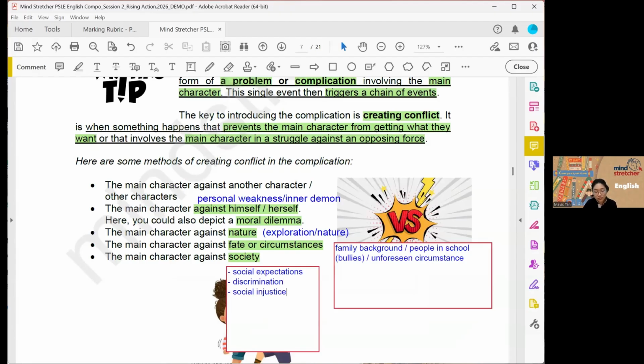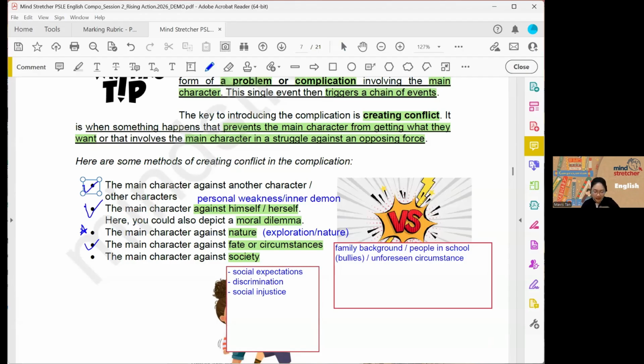So at your level, I would say that most of you are looking at this bullet point, let me circle it. Most of your narratives at your level would be this, and maybe this. Nature, perhaps depending on the setting, but not so much. So, against society, not so much at your age.